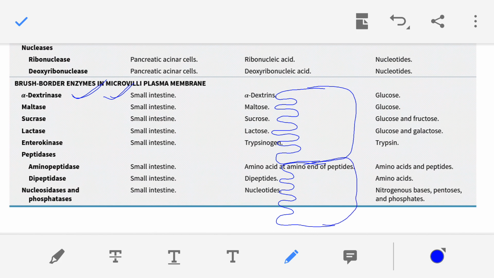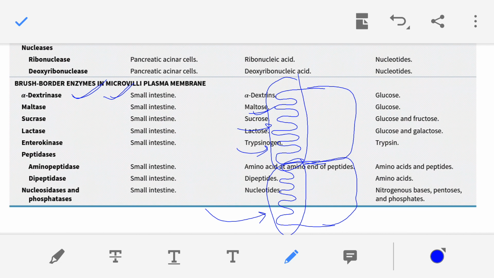This apical membrane and these finger-like projections are known as the microvilli, and all the microvilli together look like the bristles of a brush. So that's why this apical membrane is known as the brush border.